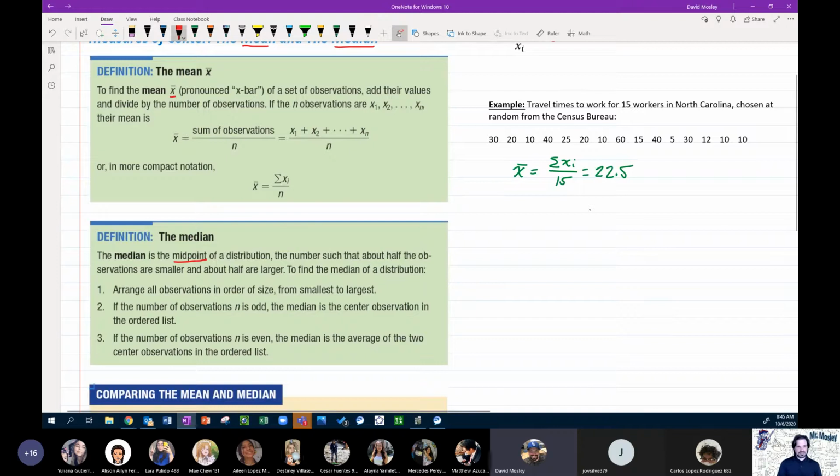And again, we're going to use the same list of numbers. I'm going to put them in order from smallest to largest. The calculator can do this, but I just want to demonstrate how this works.